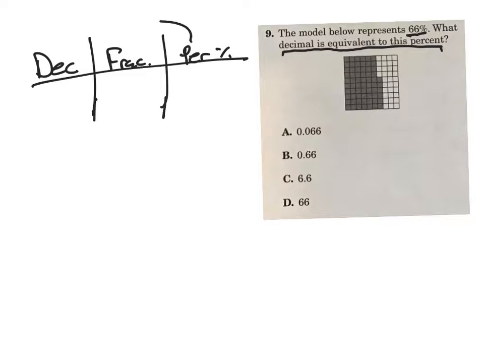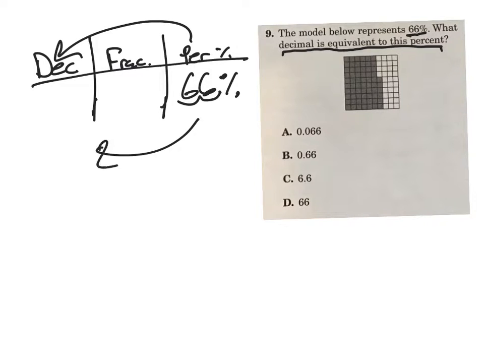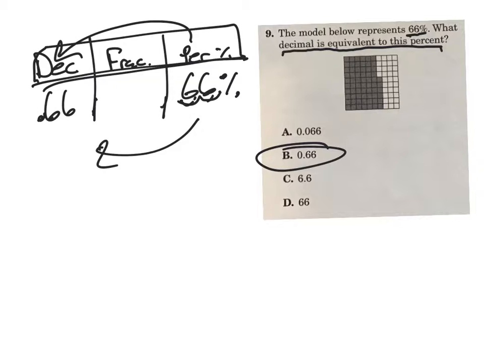I want to go from here to here. So if I start at percent, I know it's 66%. And the way I go from percent to decimal, I start where the decimal is and I go over 2 because I'm going that way. Boom, boom. So it's 0.66, which is B. Okay. This chart is so helpful. I love it so much.